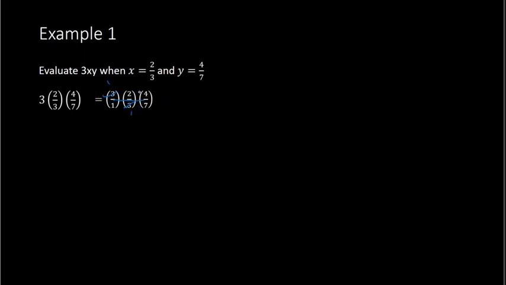So what I'm left with is on the top 1 times 2 times 4, which is 8. And on the bottom, I have 1 times 7, which would be 7. So my answer would be 8/7. And I can rewrite that as a mixed number. So I can write that as 1 and 1/7.